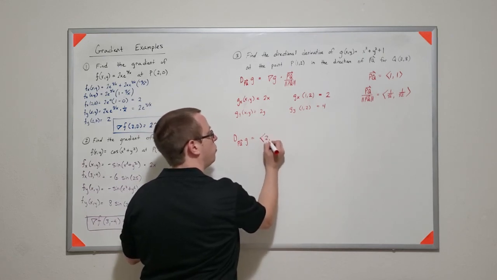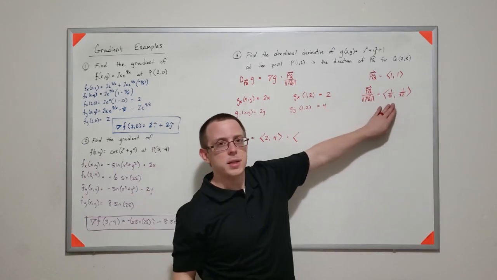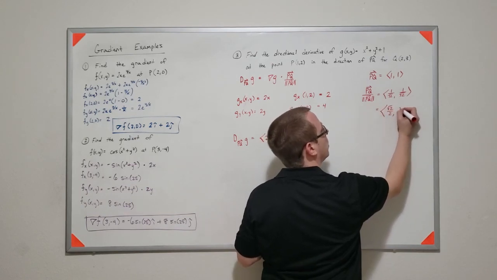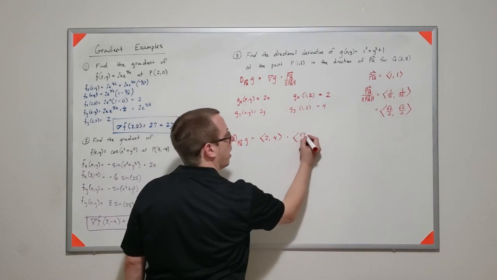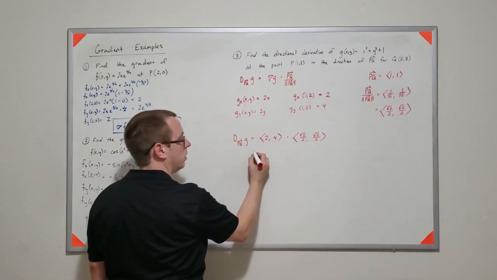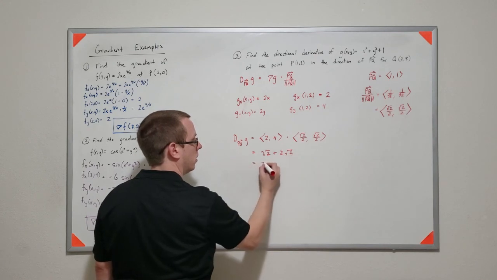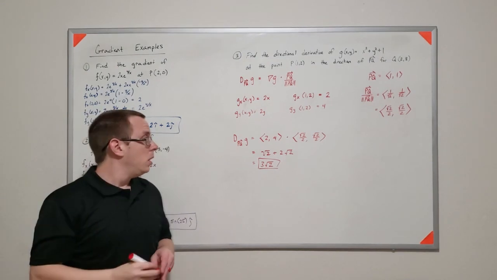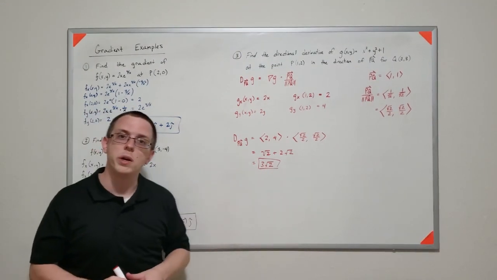Let's write it as 2, 4 dotted with, so instead of writing it like this, I'm going to write it as square root of 2 over 2, square root of 2 over 2. So that's going to make my life a little easier to deal with. And so the value of that derivative in that direction is 3 square root of 2.